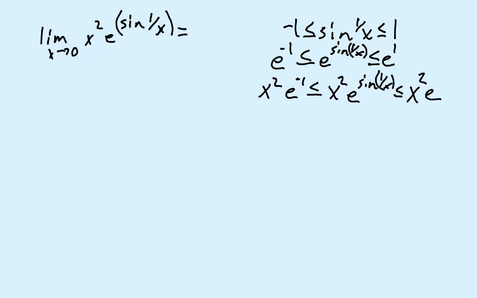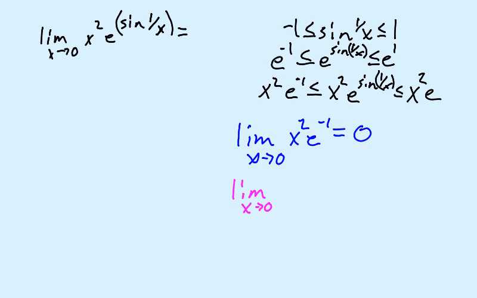Then we can continue. The limit of x squared times e to the -1 as x goes to 0 is 0. And the limit of x squared times e as x goes to 0 is also 0. So we can say that the limit of x squared times e to the power of sine of 1 over x is also 0.